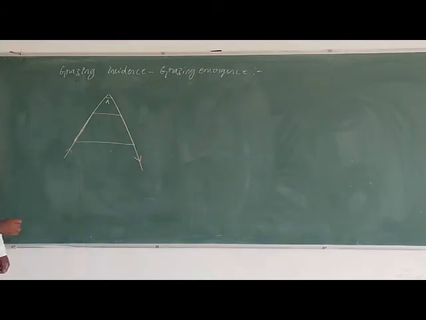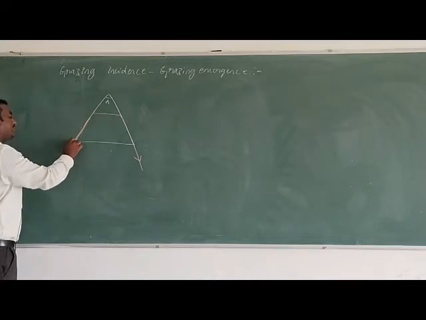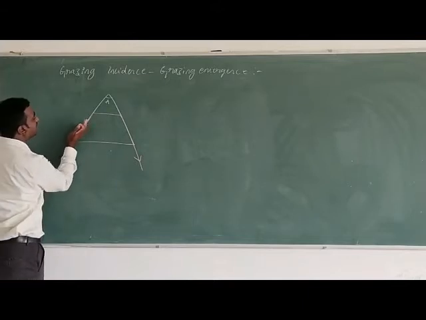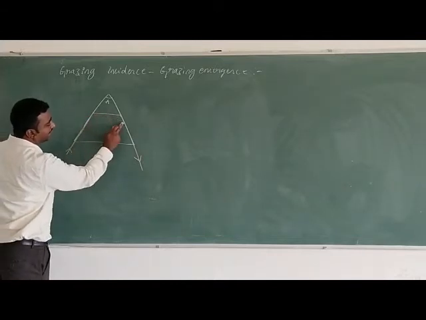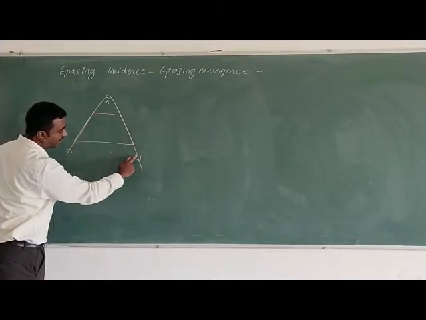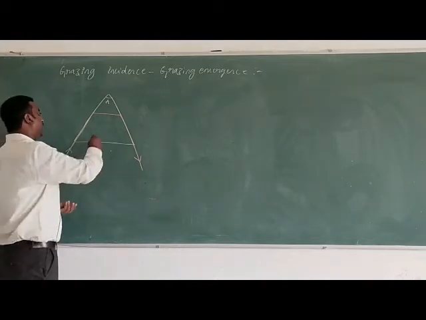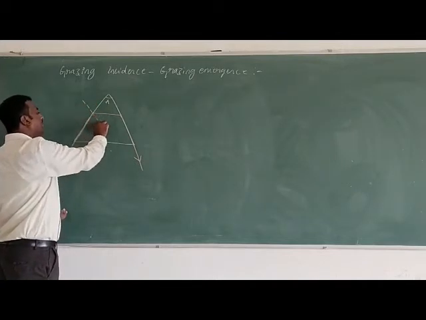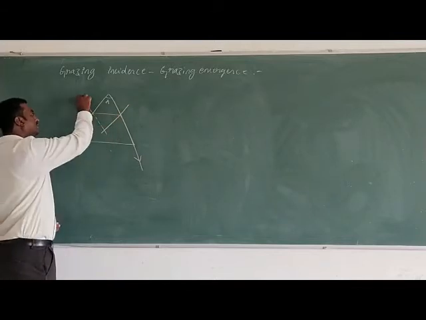So for grazing incidence and grazing emergence, what are the conditions we need to observe? The light ray is incident grazing the surface, then refracts, and again emerges grazing the surface. So for this phenomenon to take place, what are all the conditions we need to see? These are the normals to know the angle of incidence.